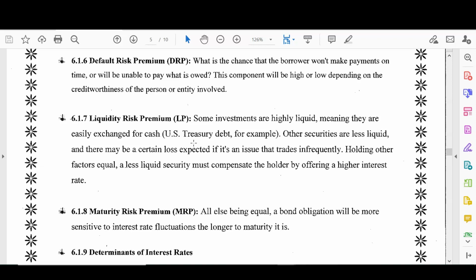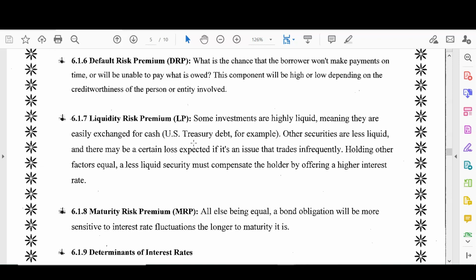However, for some other bonds, such as corporate bonds, especially for those smaller firms that are not famous, there are not many people knowing about them, and there are fewer buyers or sellers in the market. So if you hold such bonds, whenever you are in urgent need of cash, it's hard for you to find a buyer and trade for cash, and you could have a discount in the price when you are selling.